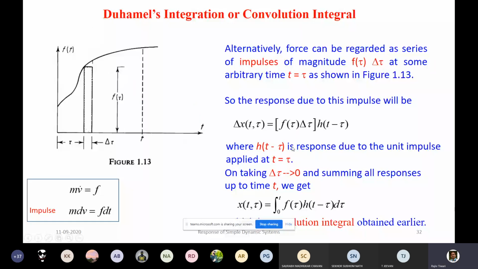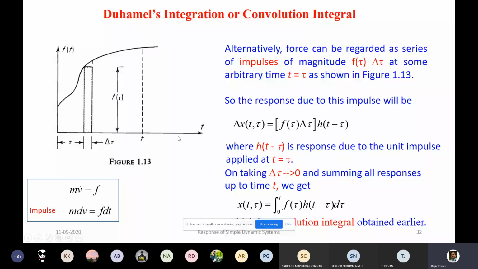The convolution integral derivation I showed earlier, I started with the step function, and then I obtained the convolution integral using the individual response g(t). But there is another way. Directly we can obtain the convolution integral using the impulse. This is the force variation, same type of force.